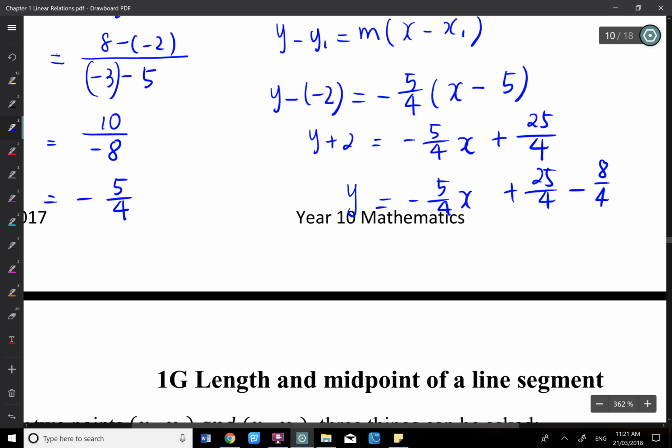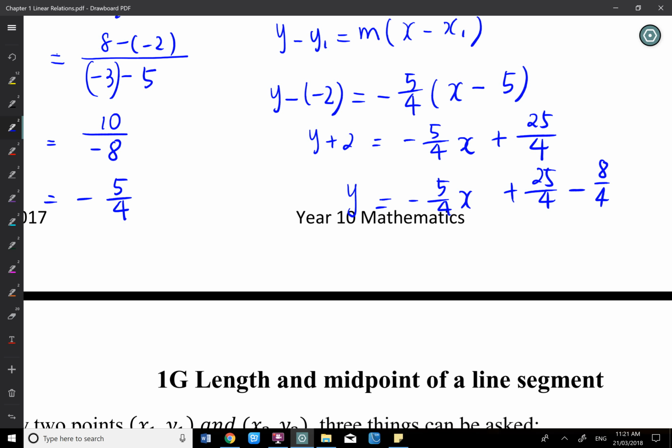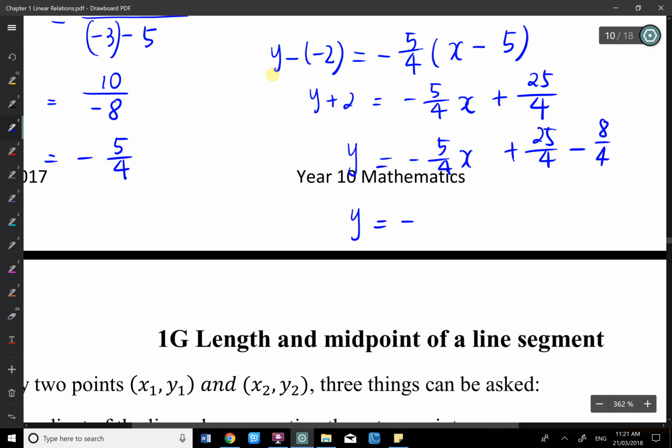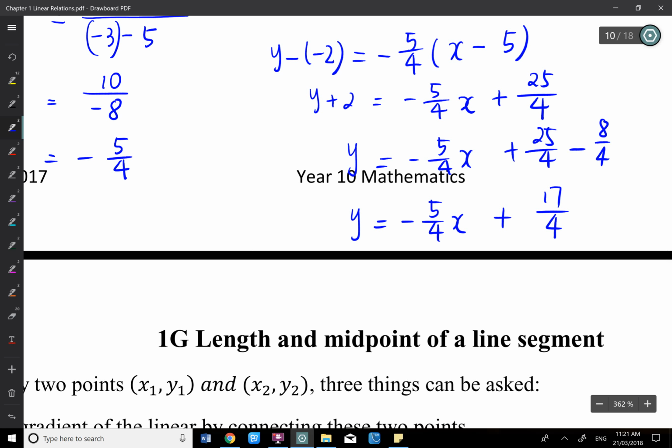So y equals -5 over 4x plus 17 over 4. But make y the subject. Rearrange the equation to make it look like mx plus c.